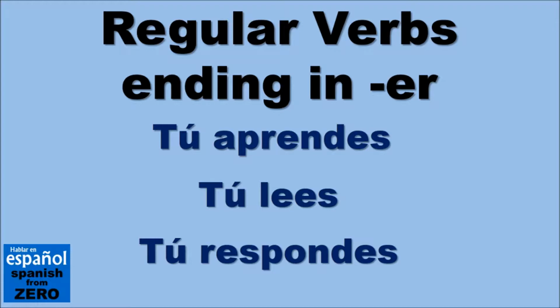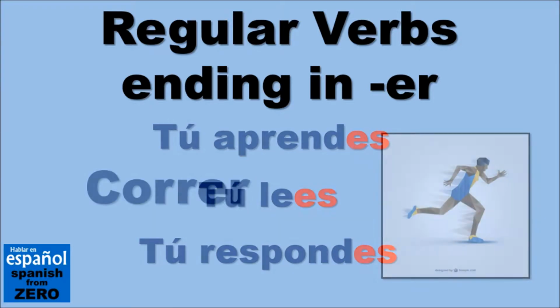Tú aprendes, tú lees, tú respondes. And in the three examples, you can see there is a similar thing in the end. All of them finish with es. That's what happens in the conjugation with regular verbs.